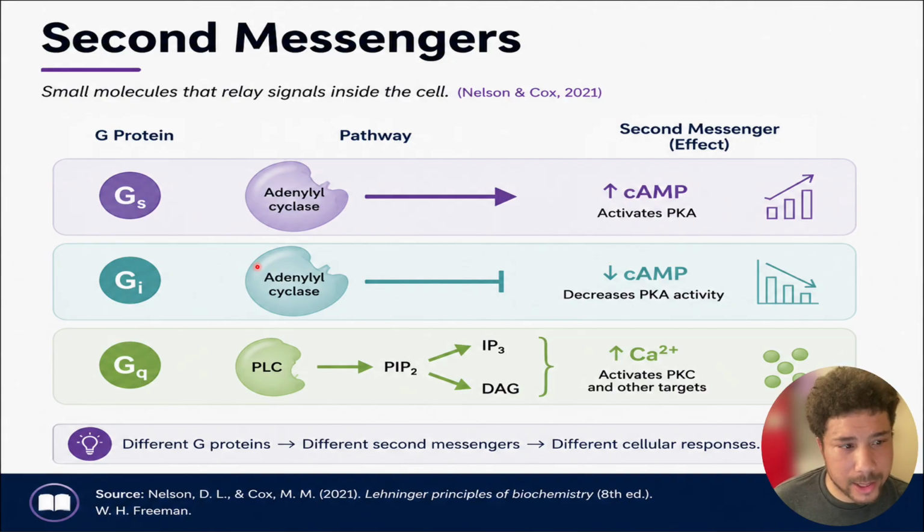DAG, in contrast, remains within the plasma membrane because it is hydrophobic. DAG works together with calcium to activate protein kinase C, or PKC. PKC then phosphorylates target proteins and changes cellular activity. The bottom statement on the slide is especially important, so let's focus on that.